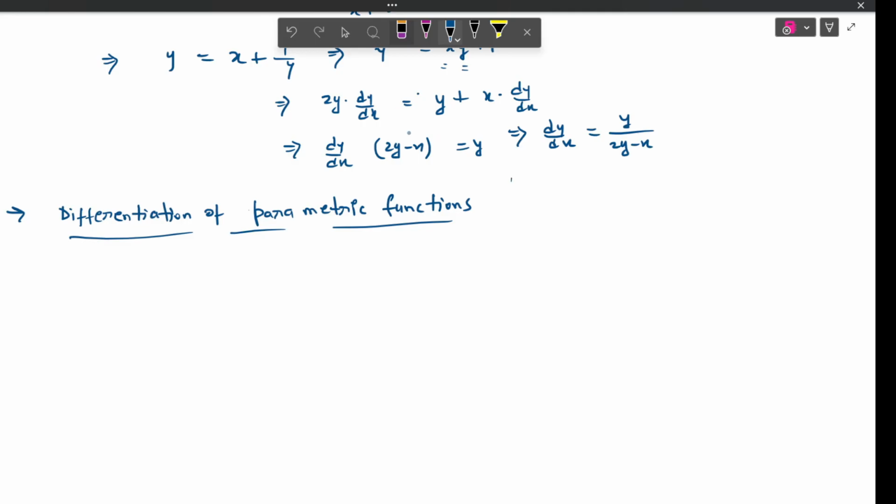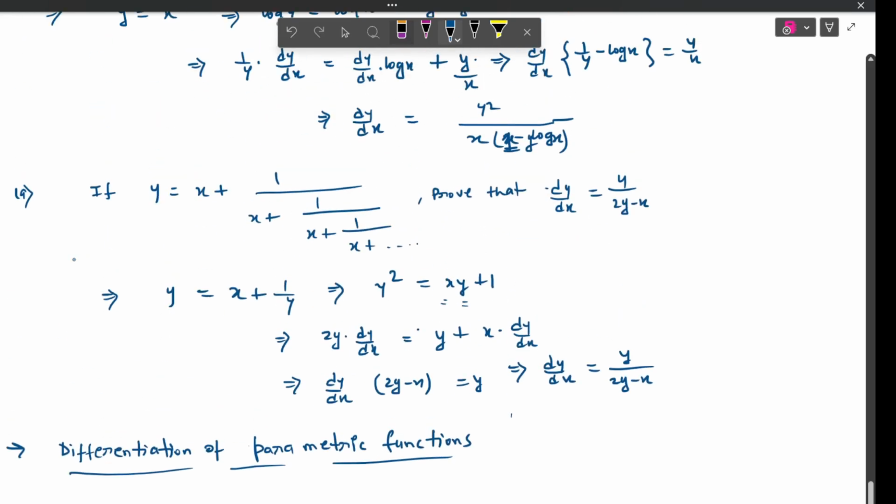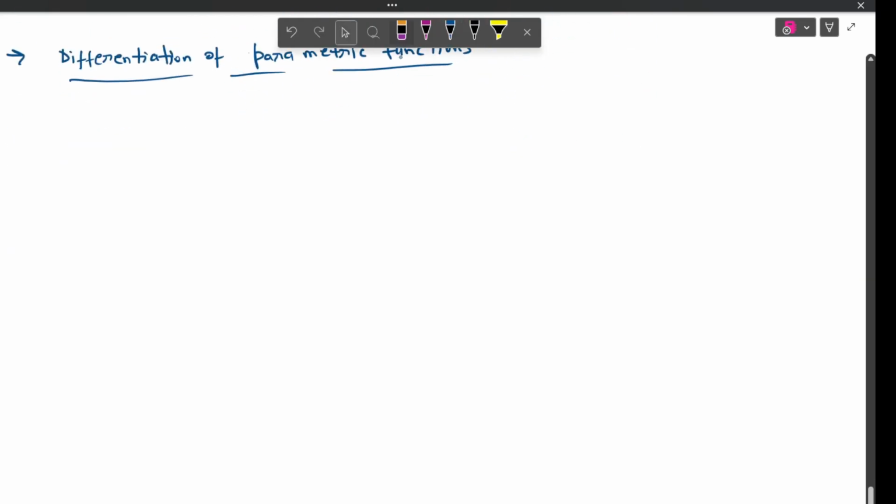Okay. So parametric form. What is parametric form? Let us understand with one example. This is our question number 20.